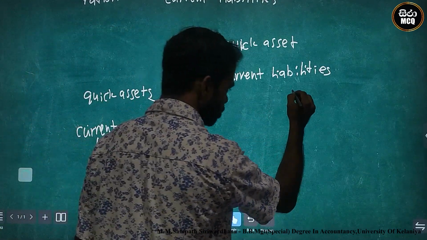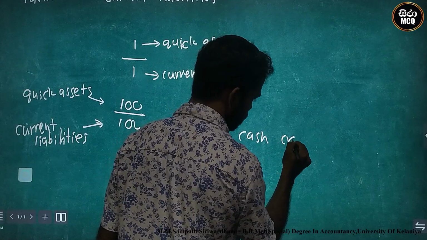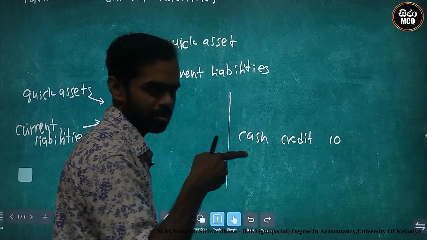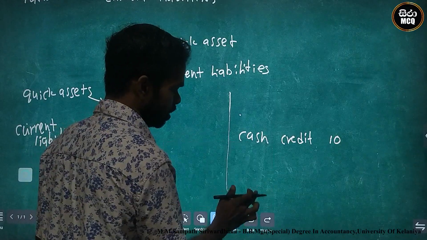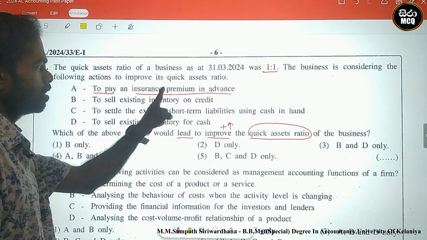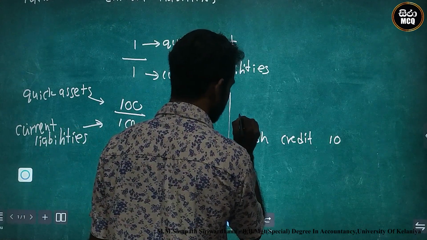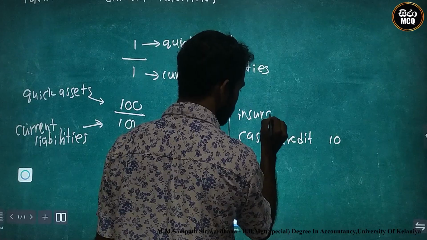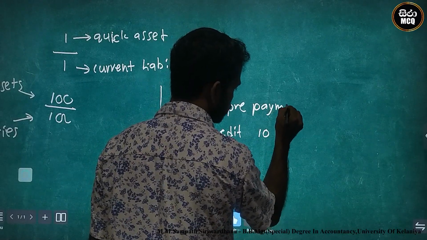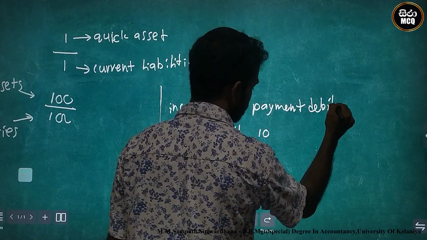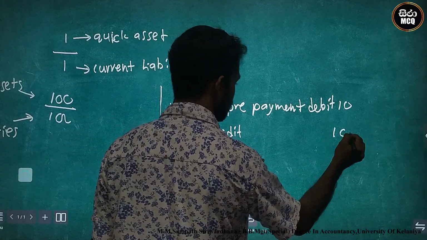Look here, I prepare the double entry: cash credit 10, for example, and debit insurance prepayment 10. A premium in advance means prepayment. This is the double entry.